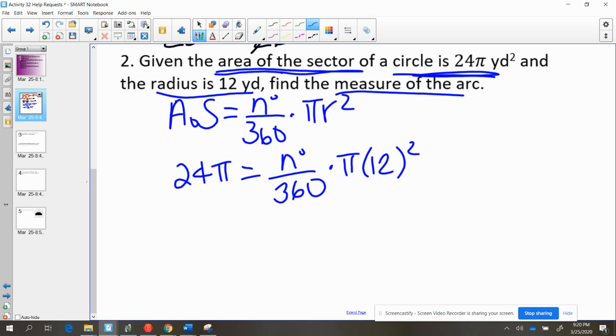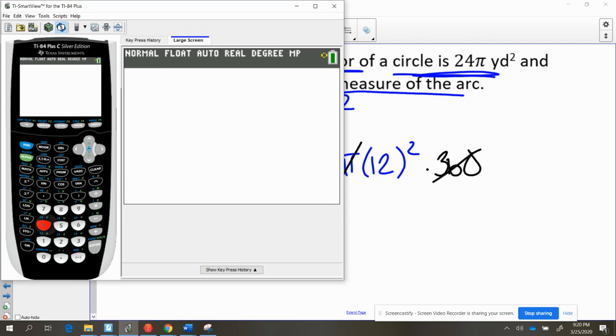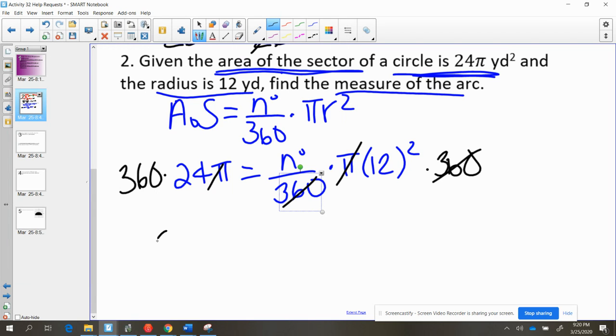Now from here, same kind of thing we did before. The pi's are going to cancel when we divide. We can multiply both sides by 360 to get rid of the division by 360 in the denominator on the right-hand side. This time, 24 times 360 is 8,640.